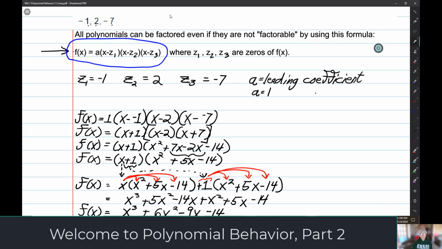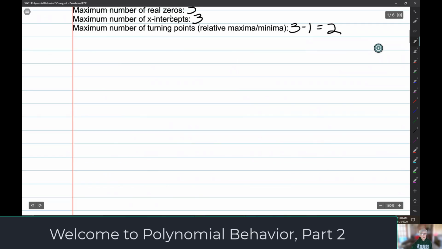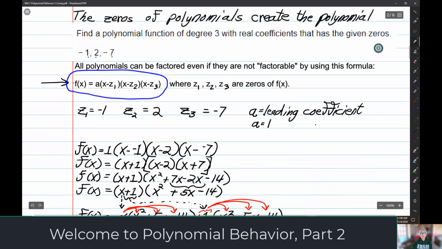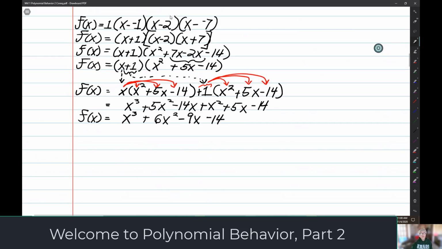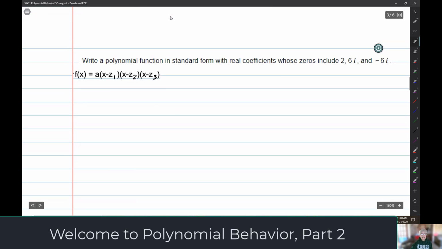That's the first one. That's the easiest one. Let me go back. Yeah, that is the first one. Okay, after this, they get harder, because check out these real coefficients.